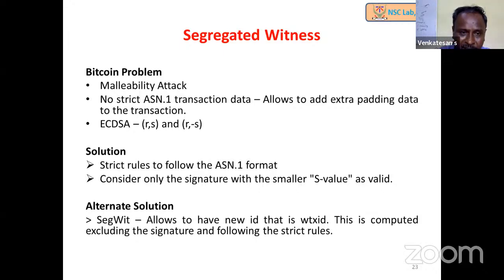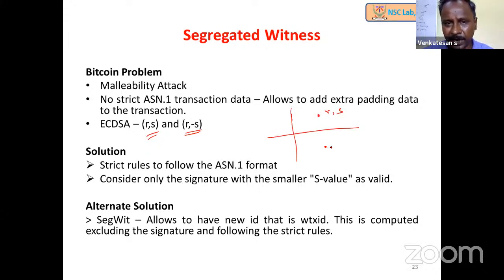And second, usually the elliptic curve digital signature algorithm is used, and that produces the digital signature as (r, s). And this is the signature, and this is also a valid signature. If we see the curve, the two-dimensional plot, let's say this is (r, s) and this is (r, -s).